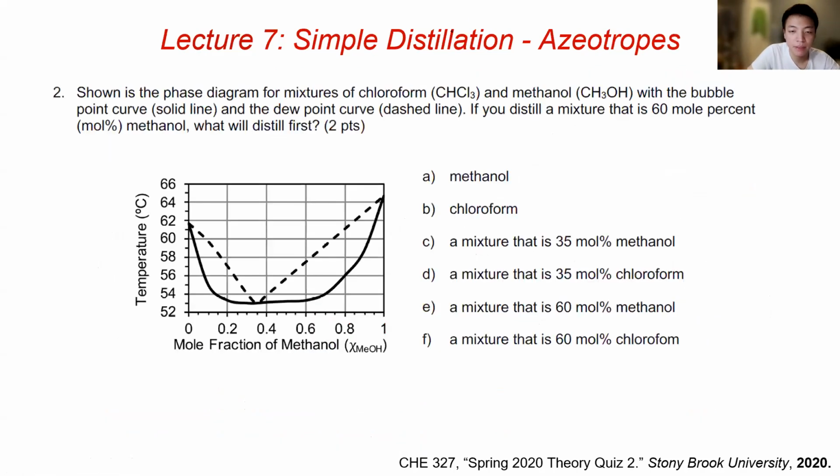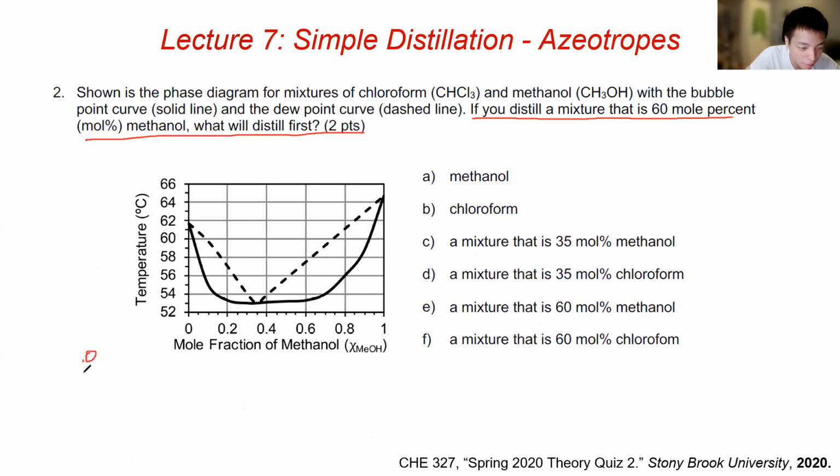Okay. Next one. The question asks: if you distill a mixture that has 60 mole percent of methanol in chloroform.